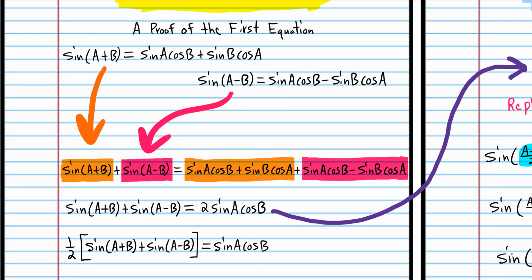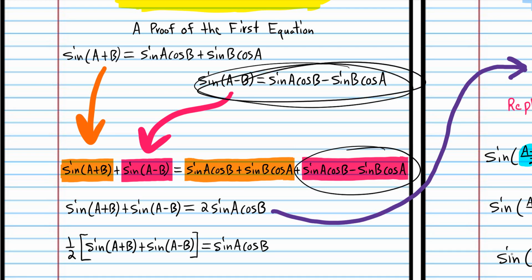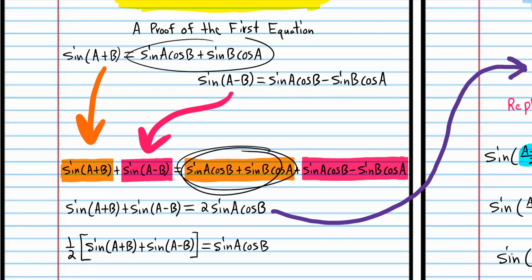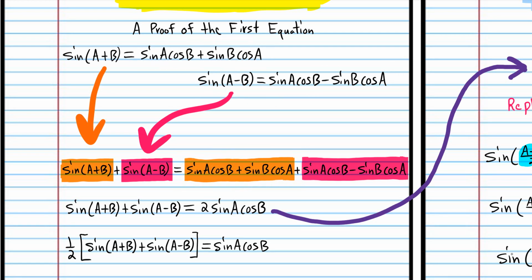Well, it turns out that if you add those together, you can see over here this pink formula comes from here, and the orange formula comes from here. But notice that there's like terms.